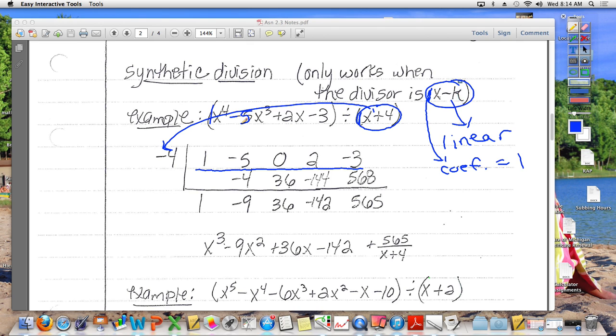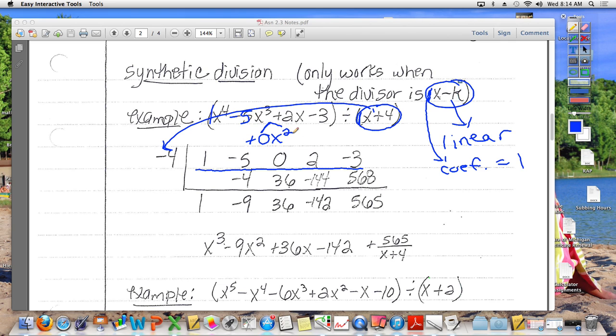There is no x squared in that polynomial. Therefore, we say there are 0 x squareds. You must have the placeholders in when you're using synthetic division. The 2 comes from the 2 in front of the x, and then there's a negative 3 at the end.